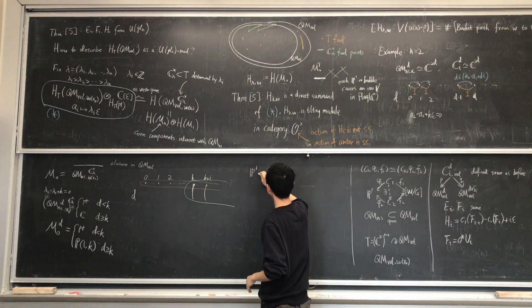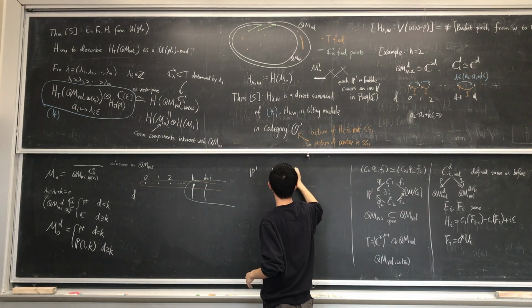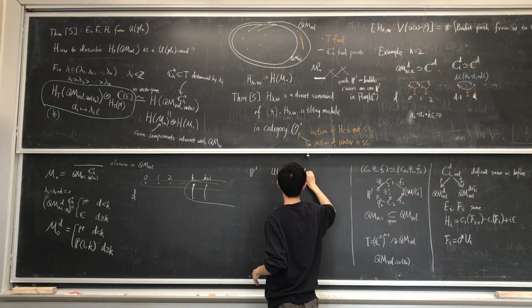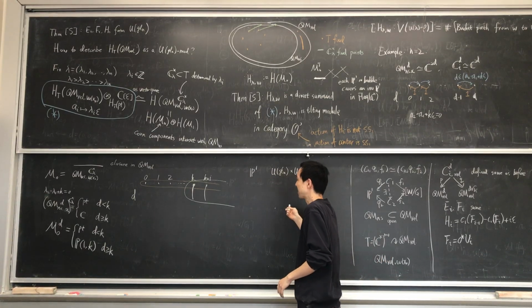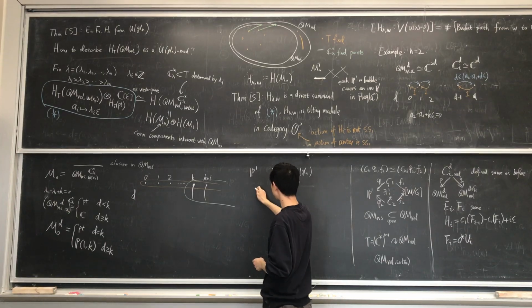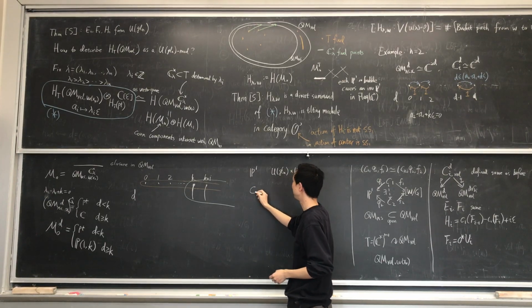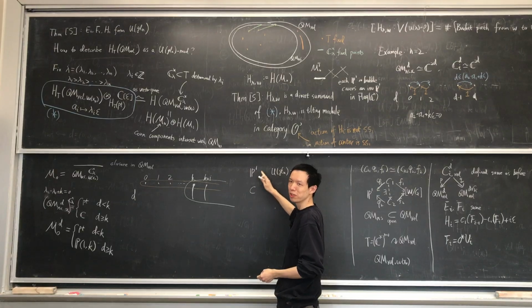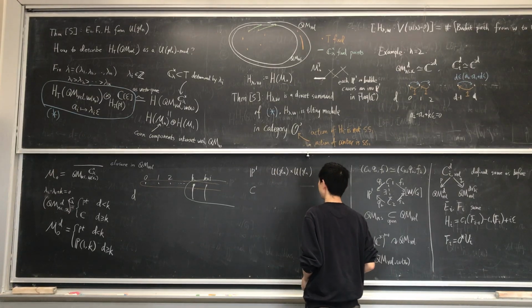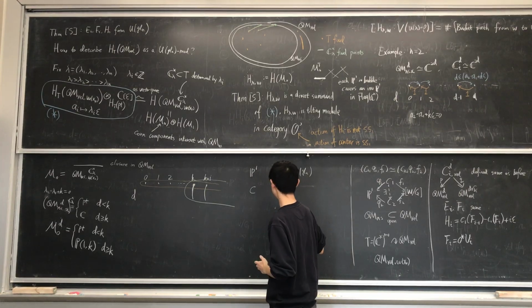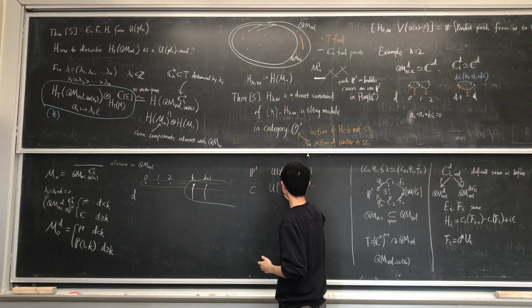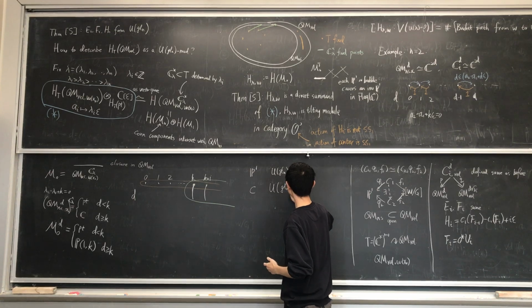So one thing you can do is get a GLN times GLN action, and in this direction you can do more crazy things, like change your domain curve to be some higher genus curve, not P1. So you can still get some algebra action, which is expected to be U of GLN times the cohomology of this curve.